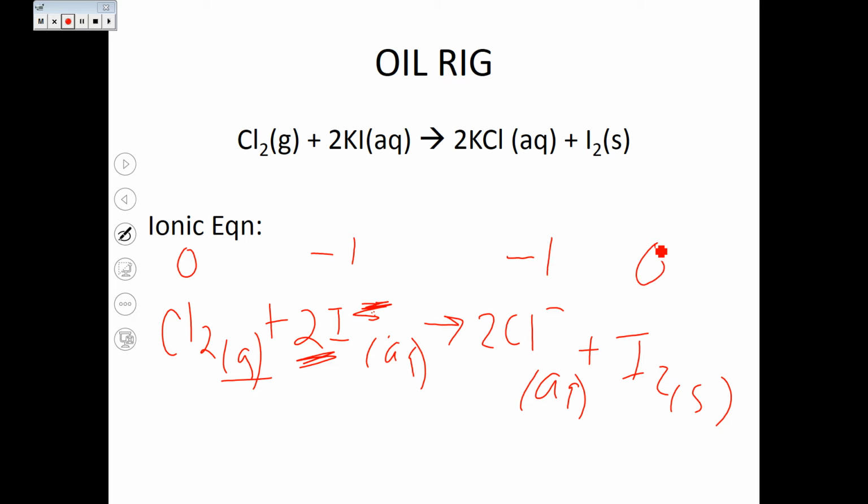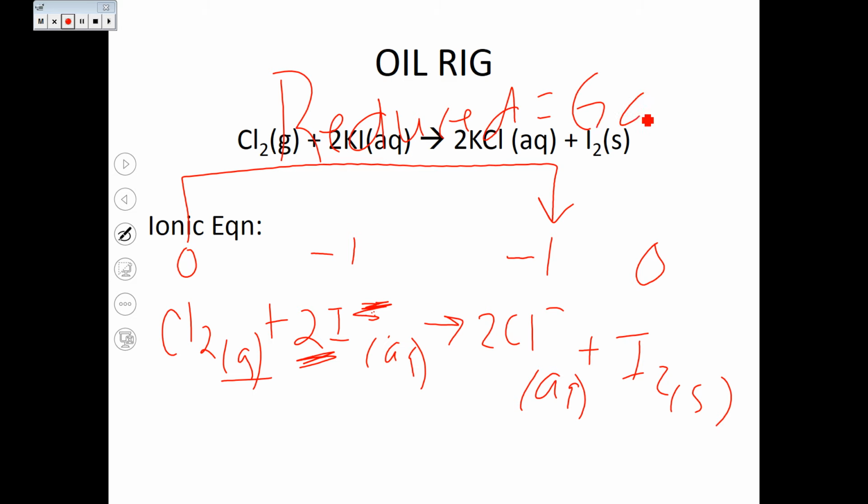So let's take a look at the chlorine. The chlorine is going from 0 down to -1. This oxidation number is decreasing, so we say that chlorine is being reduced, which means that it is gaining electrons. Where is it gaining electrons from? Probably the iodine.